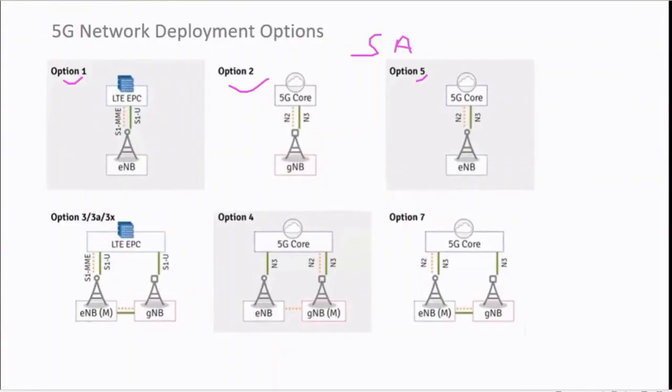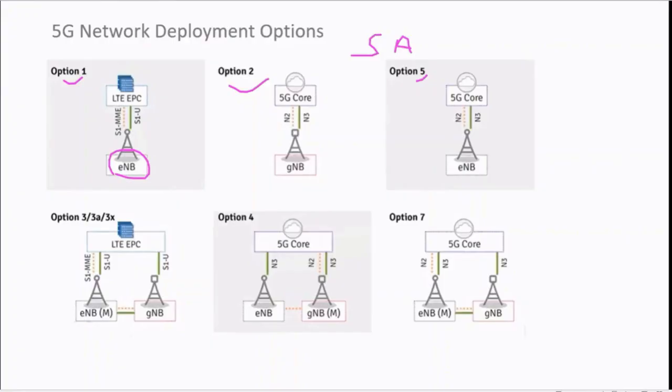What that means is that when we deploy the network, for example, in option 1, here you see the E node B in terms of the RAN. So we only have the 4G RAN. It stands on its own and can communicate with the core, the EPC, right? So we have only the LTE EPC and the LTE E node B. So it is only standalone mode. Okay.